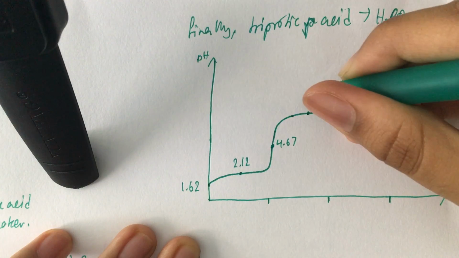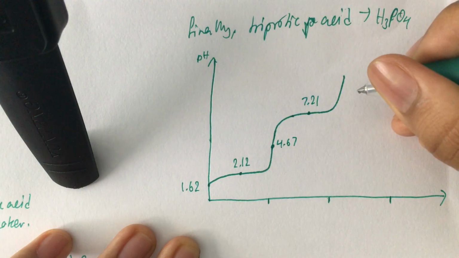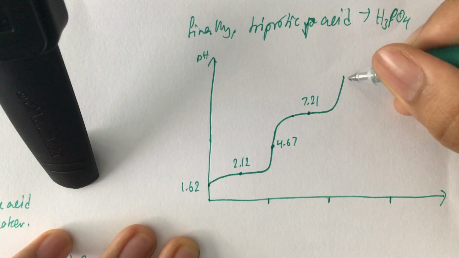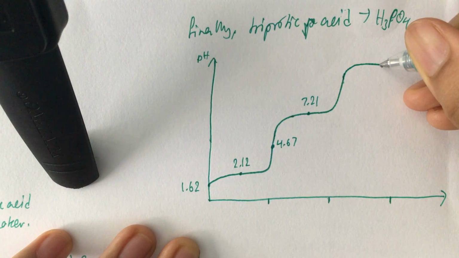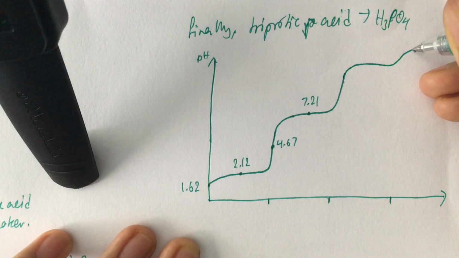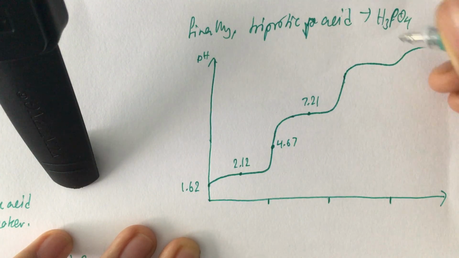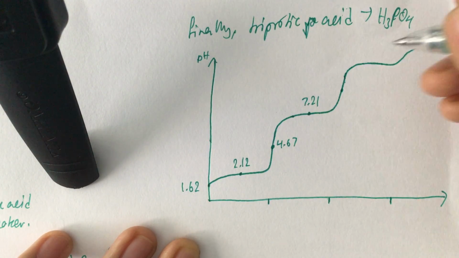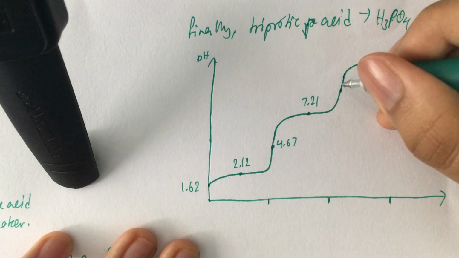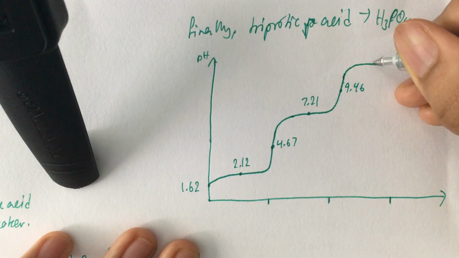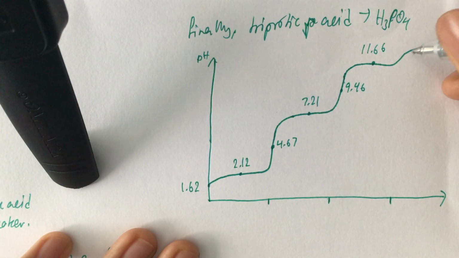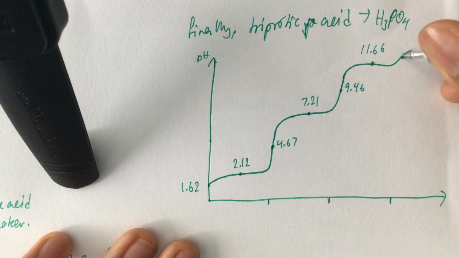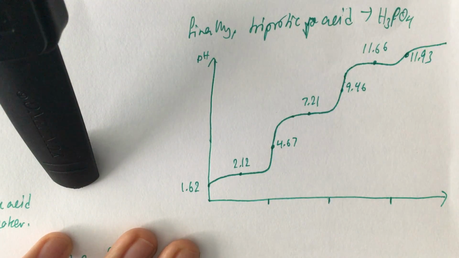Because obviously my drawing is not doing justice to the original, which looks way neater and a lot more accurate. But yeah, the numbers are correct as far as I can tell. As you can see, the first half equivalence point is at 2.12, and the equivalence point is 4.67, which means you can use methyl orange, I guess.